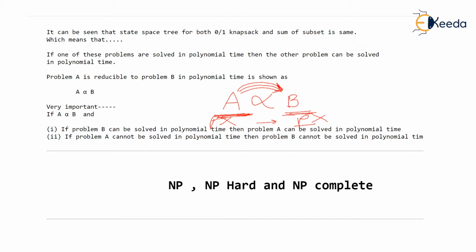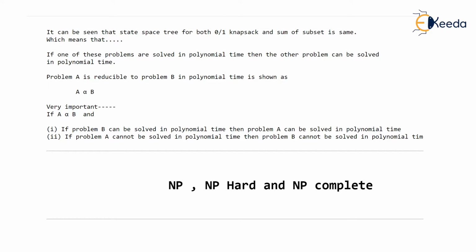There exists no polynomial time algorithm for B as of this date. So that's what the second point says: if problem A cannot be solved in polynomial time, then problem B cannot be solved in polynomial time. Memorize this. Just rewind the video and keep watching these rules.